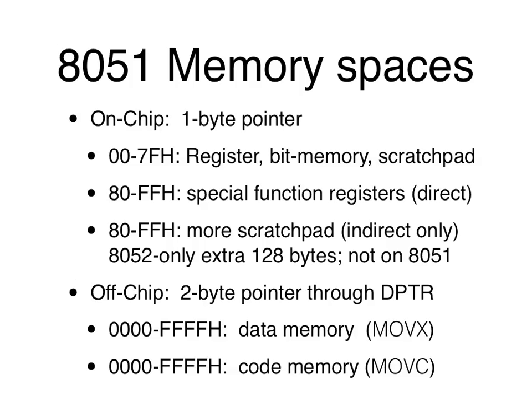Now you might ask, if I go to the original 8051 and I try to use indirect addressing in the space of 80 to FF, what do you get? Well, that behavior I don't think is defined, and I don't think you'll get to a special function register. You just hit some space that's not defined.